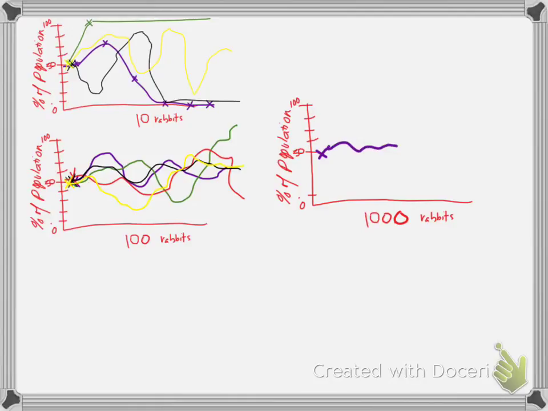What we tend to see in a very large population is that those gene frequencies over a bunch of generations, well, we might have some dips and stuff, but they tend to stay. We might even have one where something does go extinct. But in general, we start to see less wild fluctuation.